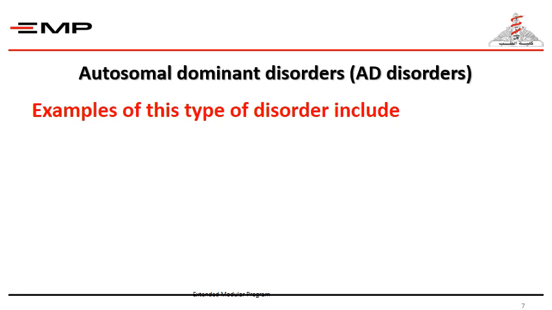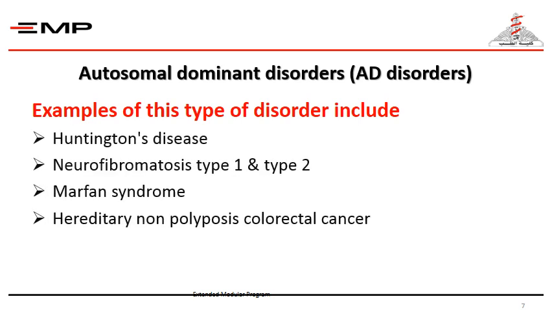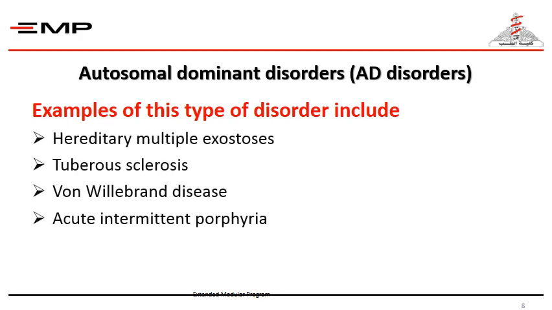Examples of autosomal dominant disorders include Huntington disease, neurofibromatosis type 1 and 2, Marfan syndrome, hereditary non-polyposis colorectal cancer, hereditary multiple exostosis, tuberous sclerosis, von Willebrand disease, and acute intermittent porphyria.